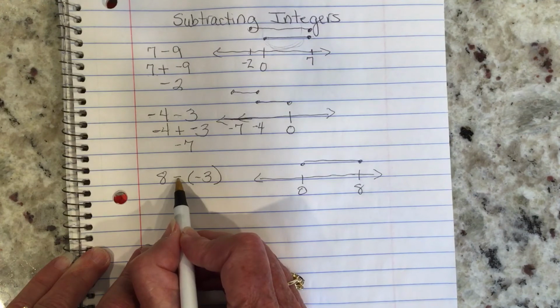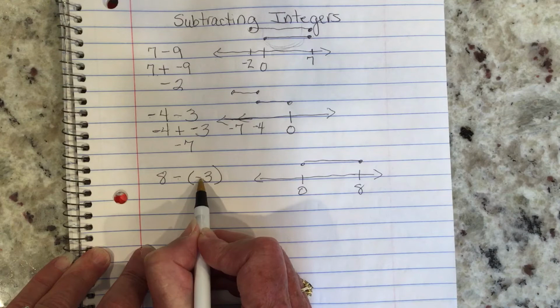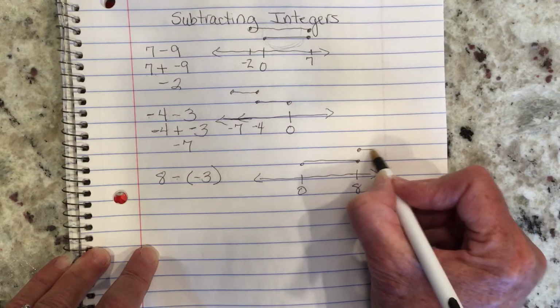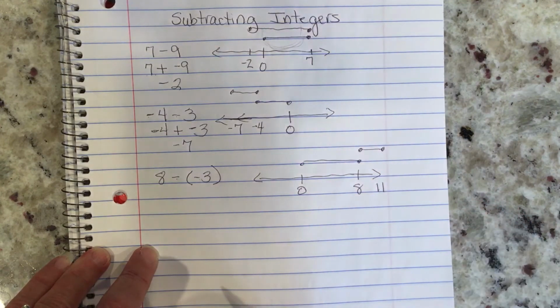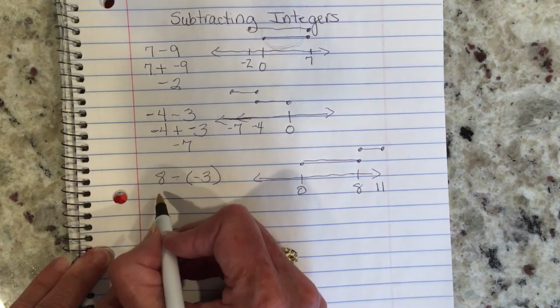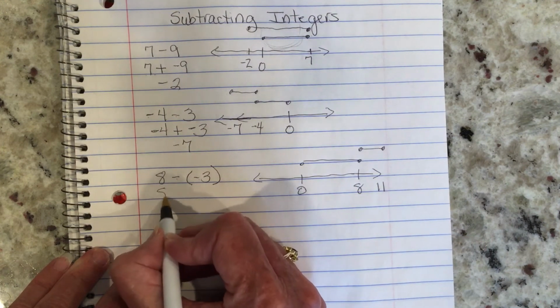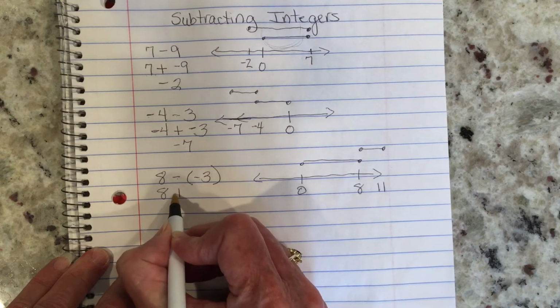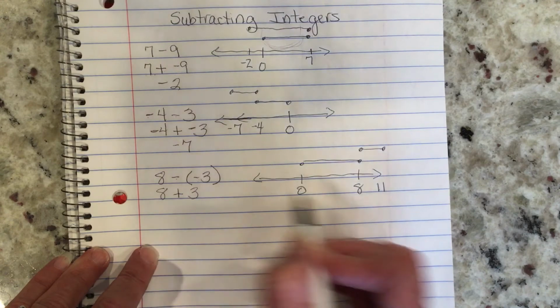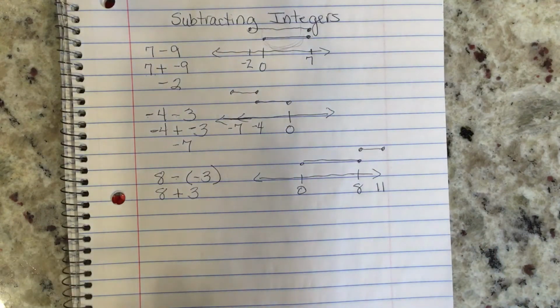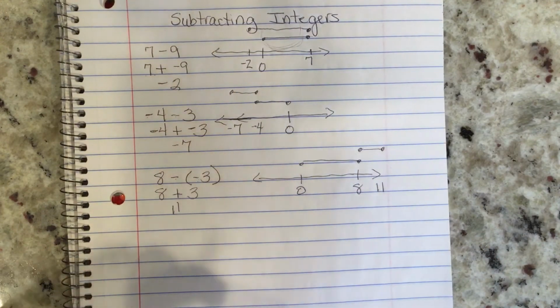Then this is going to turn me around to the left, and then this is going to turn me back around to the right. So I'm going to end up going 3 here, which is going to end up being 11. Well, that looks like adding the same sign. Well, let's see what we end up with here. We're going to change this to addition, and the opposite of negative 3 is positive 3. And that's exactly what we ended up with when we left it as subtraction on the number line.